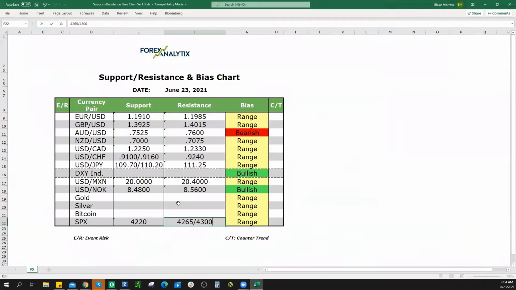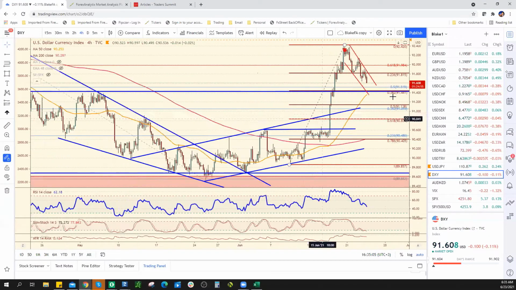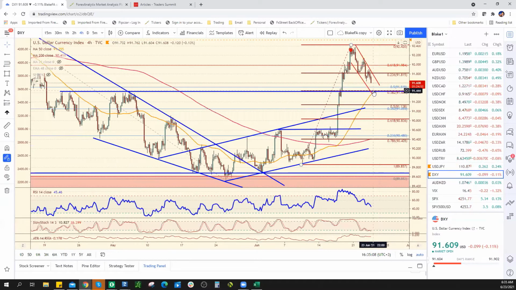Where am I at? Let's finish this up. We've got 10 minutes to do it. DXY. Support for the dollar index is going to be right here at 91.45.